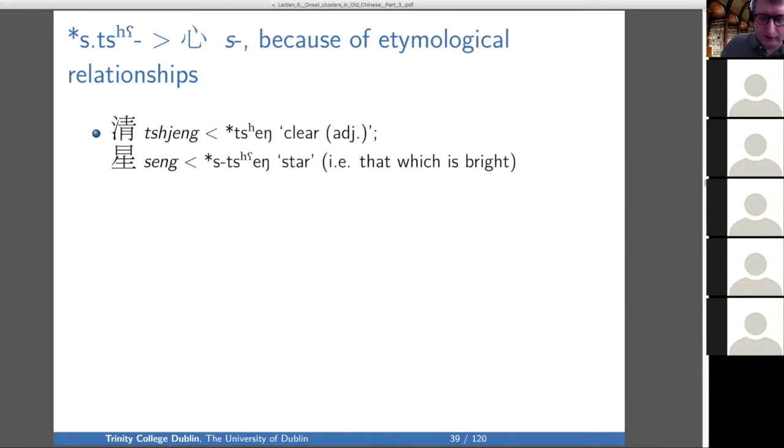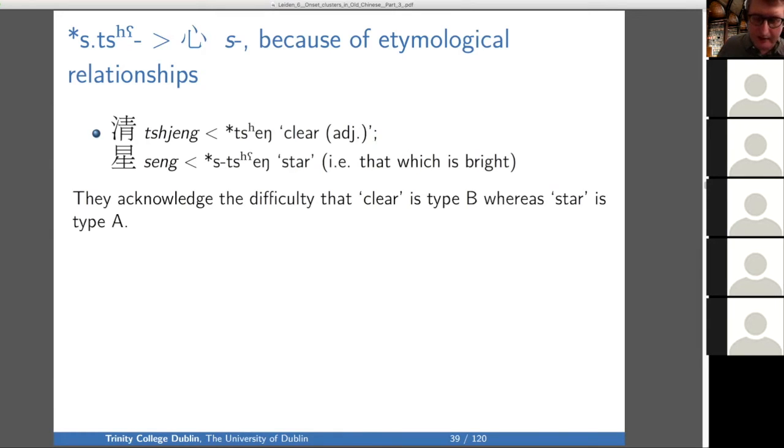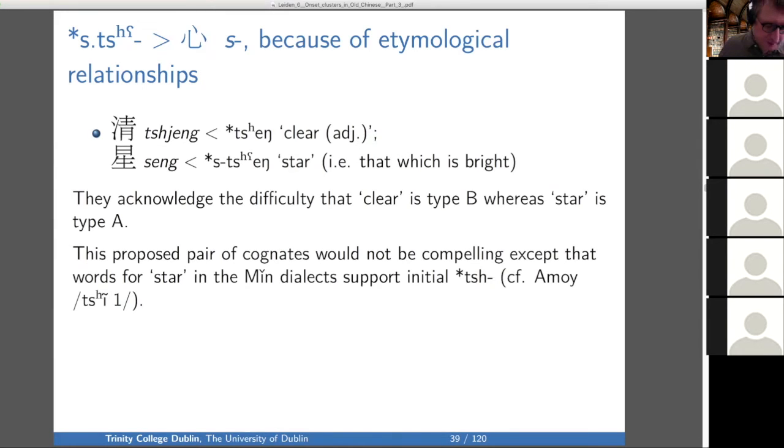cheng, and star, which they etymologize to that which is bright. And they acknowledge that there's, again, this difficulty that the one is type B and one is type A. Okay. And this proposed pair of cognates would not be so compelling, I would say, because of the semantics, right?